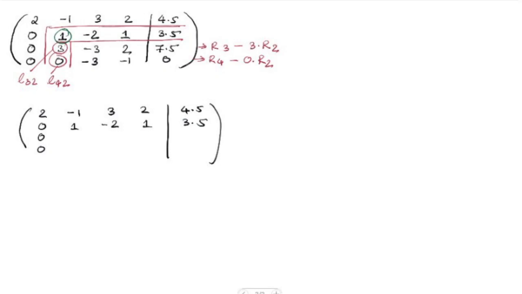So this doesn't change anymore. Now let's work with the row operations. So you have 3 minus 3 times 1, which is 3 minus 3, which is equal to 0. And then you have minus 3 times minus 2, and that is 3.